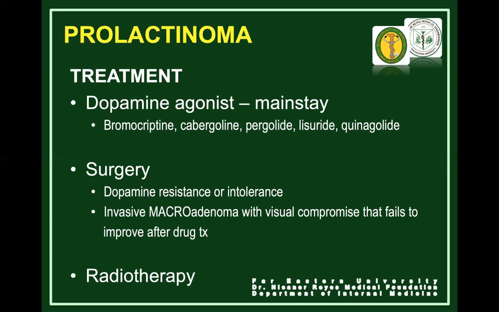Otherwise, the patient will end up blind. So if it is an invasive macroadenoma, macro means it's more than 1 centimeter, then you have to do surgery. And usually the surgery that we do is a transsphenoidal surgery. Okay. Now, if this is not successful, then you can do radiotherapy. So that is usually the last one that you can do for a prolactinoma.